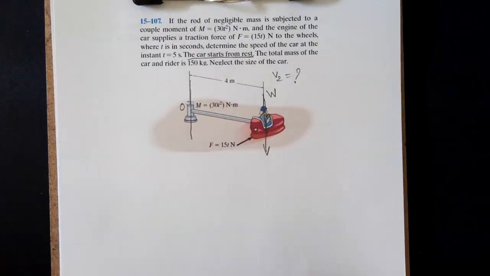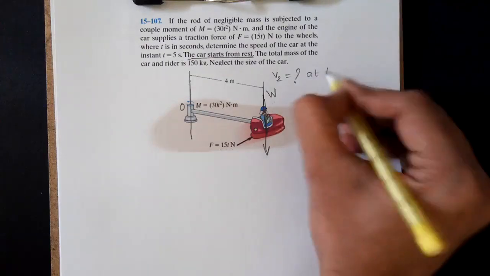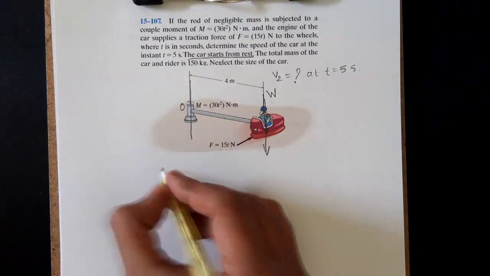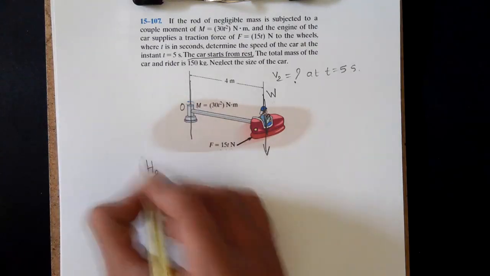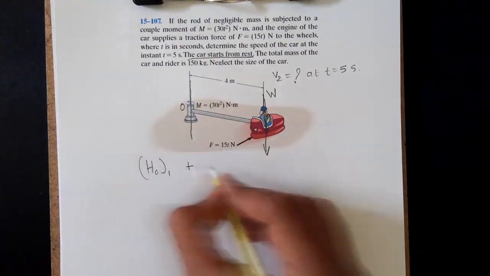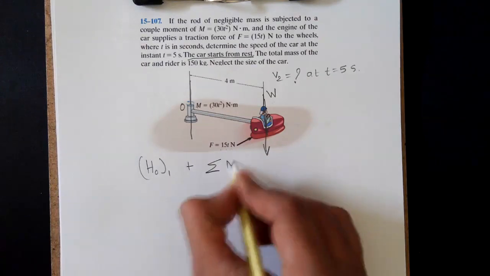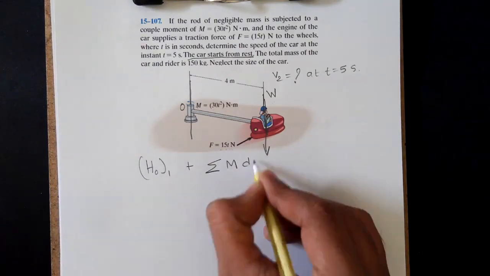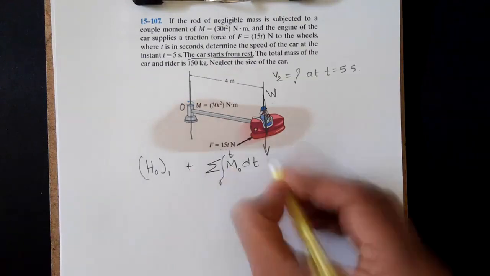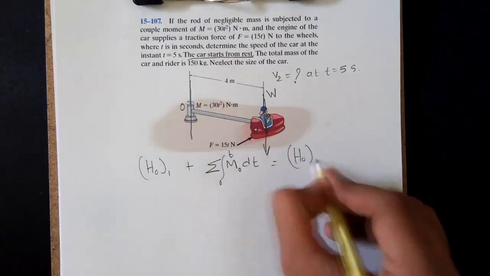What is the velocity of the car at t equal to 5 seconds? So let's write down our equation. HO1, that is initial angular momentum, plus sum of angular impulse about O is equal to final angular momentum.